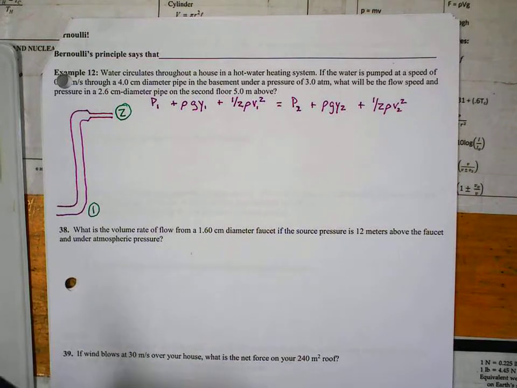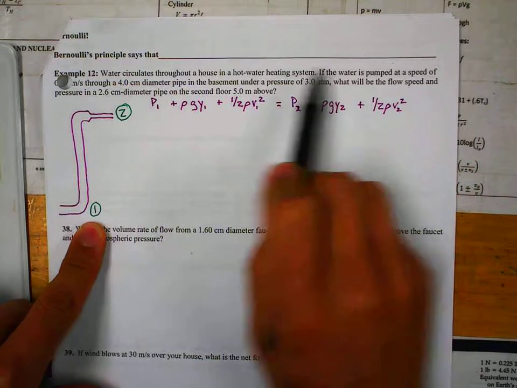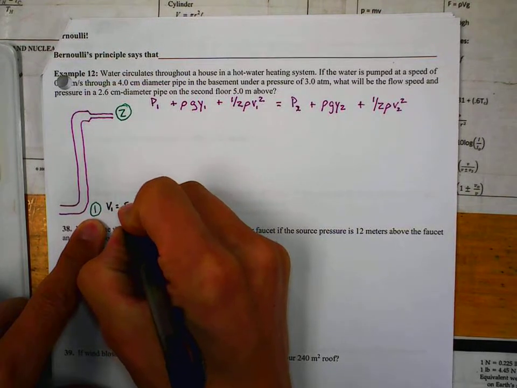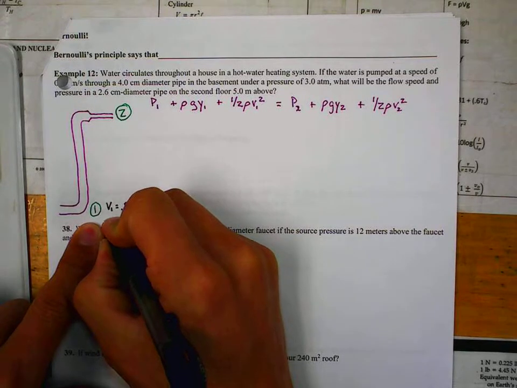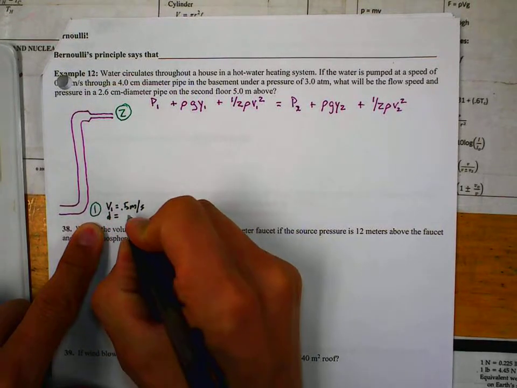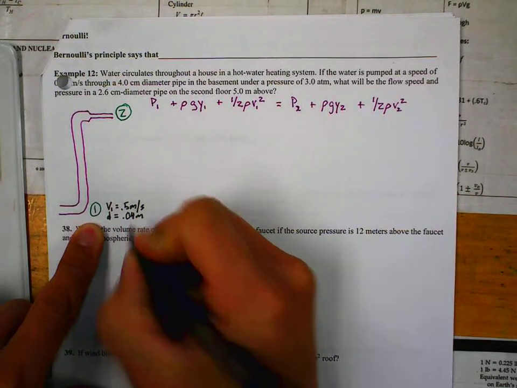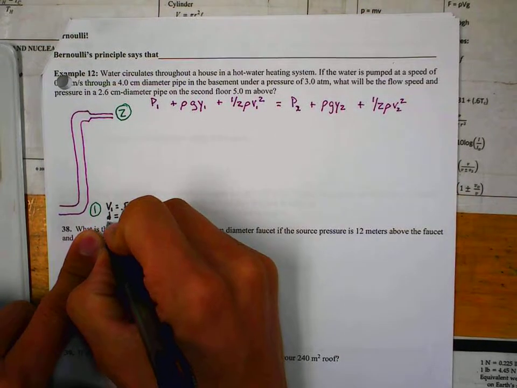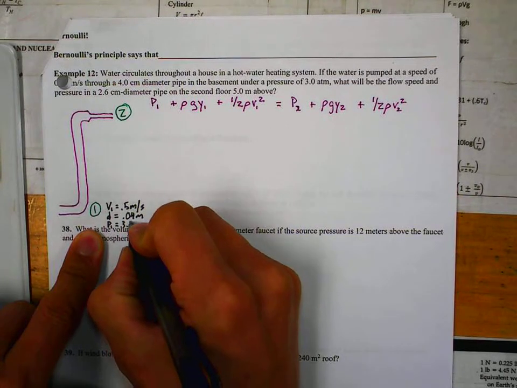Okay, so let's list what we know. Down here, we've got our speed, so we're going to put velocity 1 equals 0.5 meters per second. And then we've got the diameter. Let's go ahead and convert it to meters and say 0.04 meters. And then what else do we know? We know the pressure, so pressure P1 is equal to 3 atm.